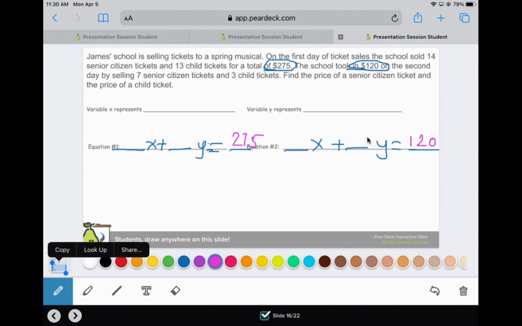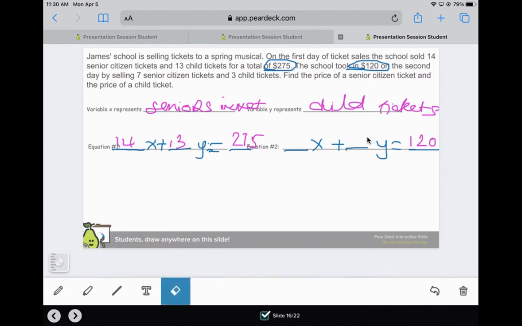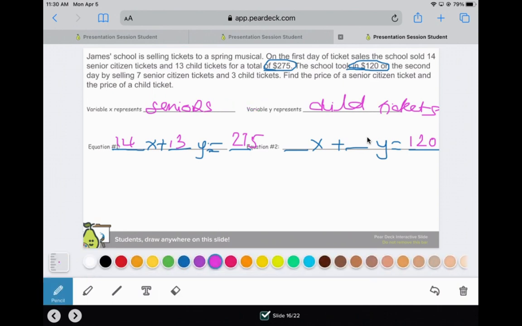The first day, say 14 senior tickets and 13 child tickets. I'm doing the same thing for the second total, which is 7 seniors and 3 child tickets. And now I can just solve for the system.